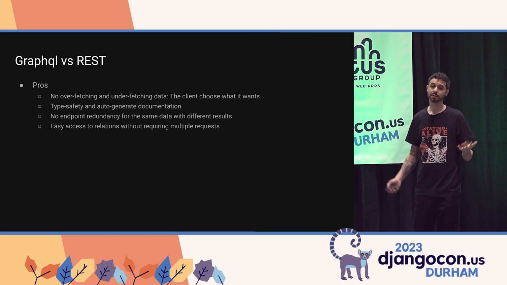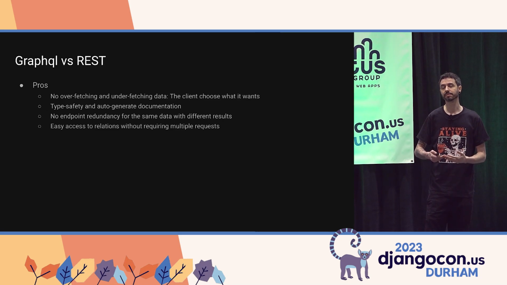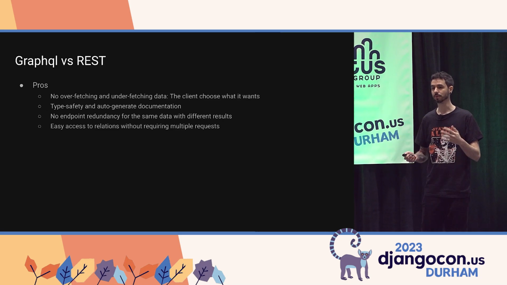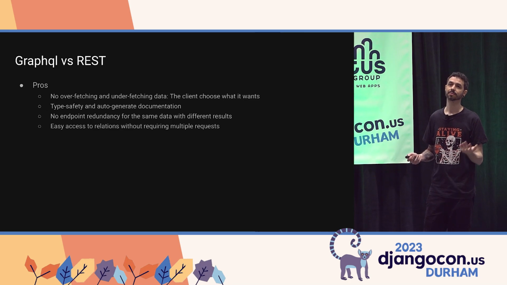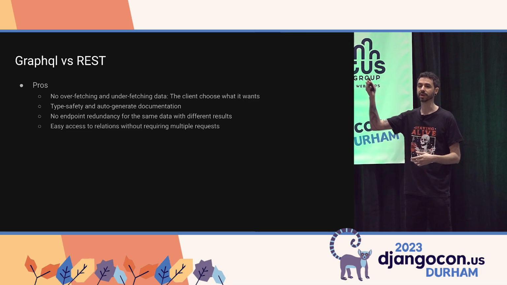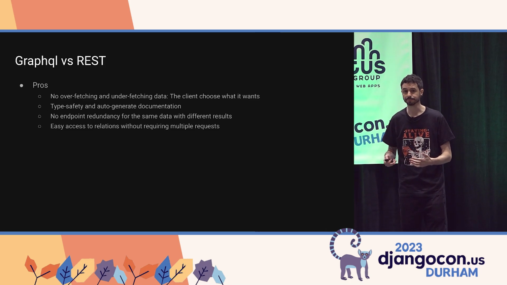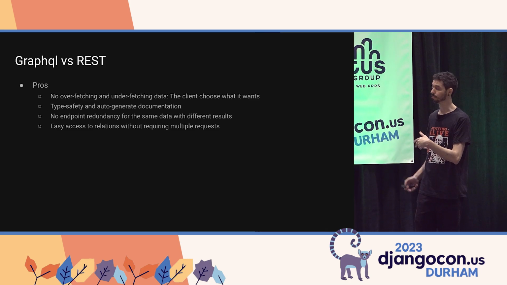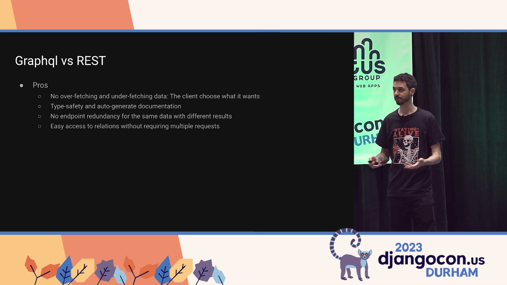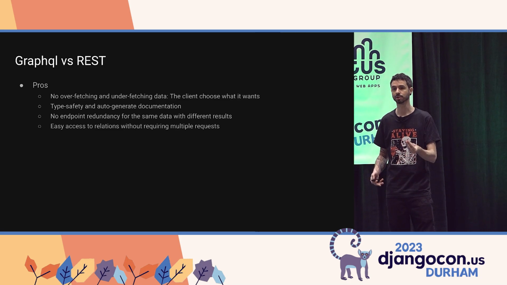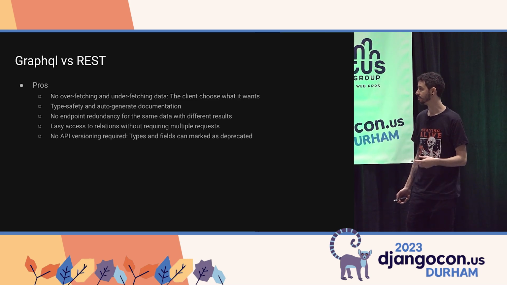Easy access to relations, because your schema will be a graph. So if I have users and the users have friends, so the friends are a relation to some other users, and he is part of a group which is another relation, you can basically retrieve everything without having to make a lot of queries to do that.